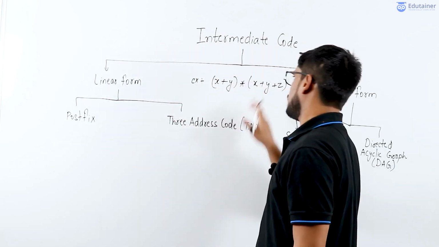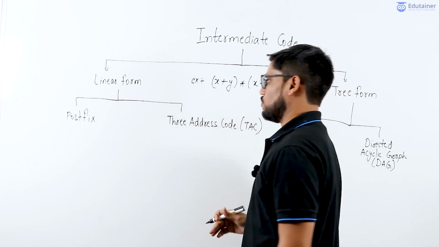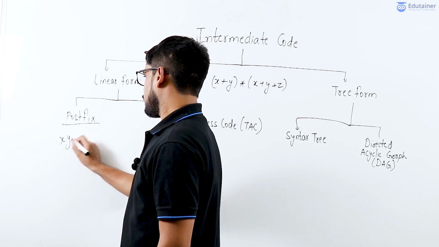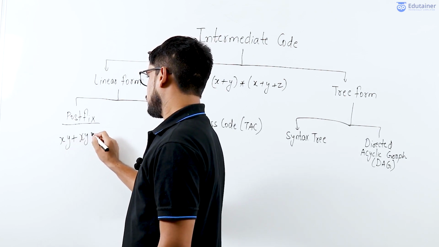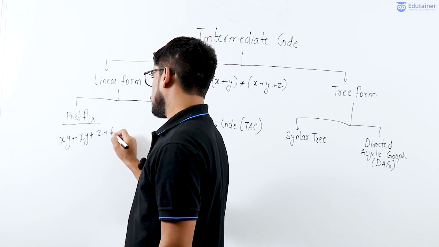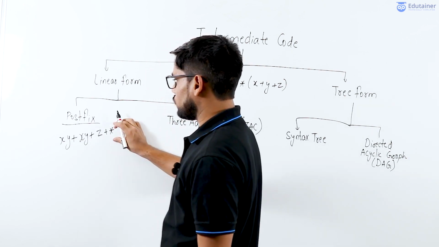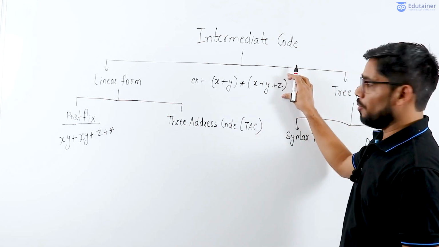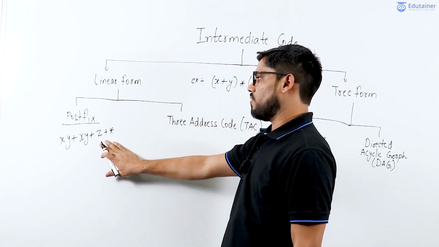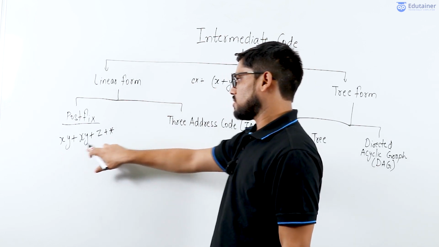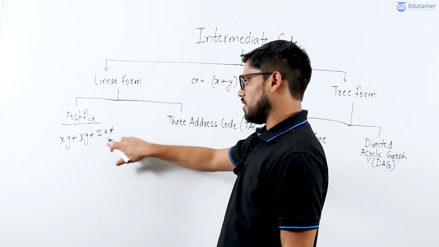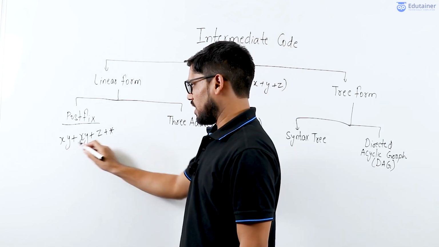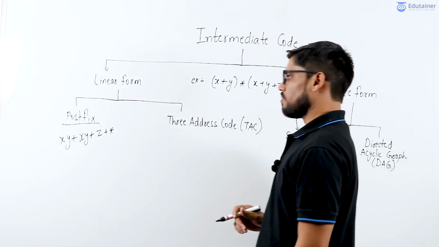If you convert this line of code into postfix notation, you will get the result as xy plus xy plus z plus star. So this is the final postfix expression for this line of code, and it is in linear form. Why is it in linear form? Because the expression is written in a form where you can get all the variables and their operators easily.